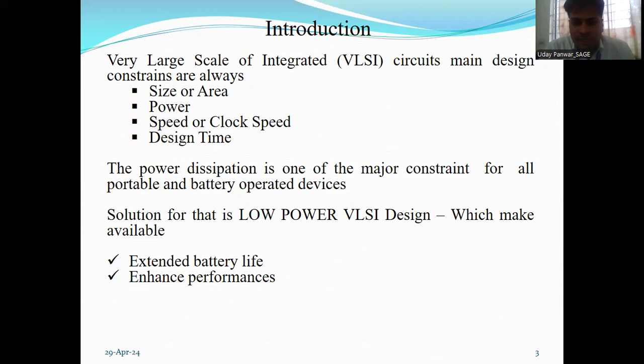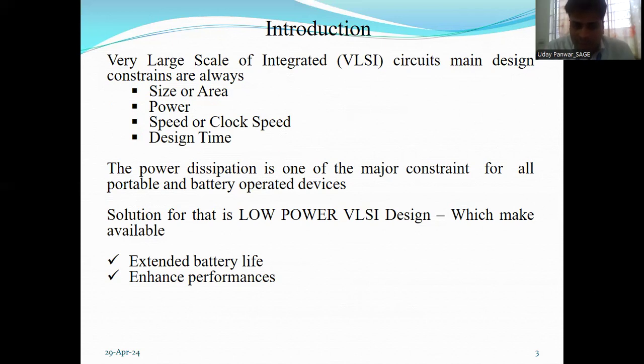It means our chip size is smaller. Due to this small size of chip, we can use the least power compared to the earlier larger size chip. If we reduce the power, at the same time we also reduce the threshold voltage of the device.